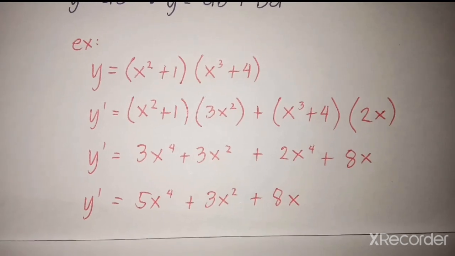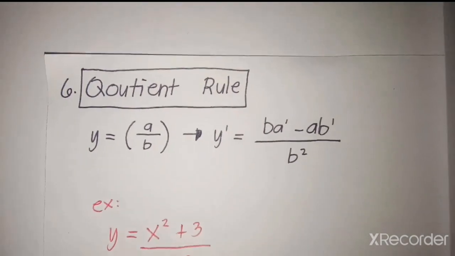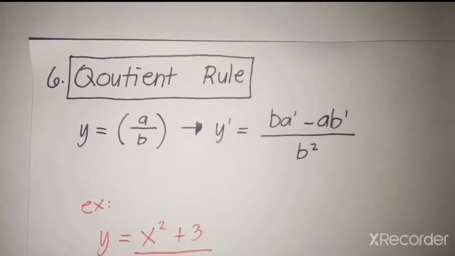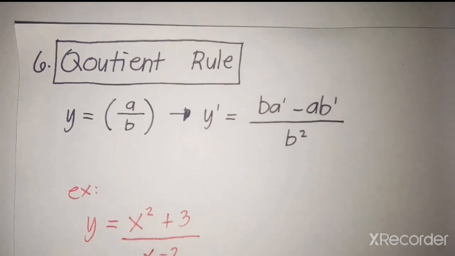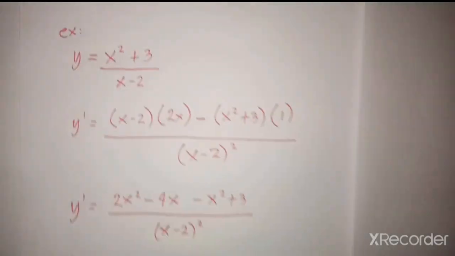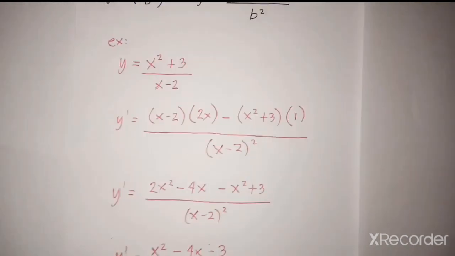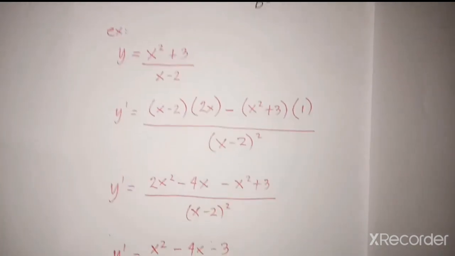And the sixth rule is the quotient rule, where y is equal to the quantity of a over b, then y prime is equal to b a prime minus a b prime over b squared. Example: y is equal to x squared plus 3 over x minus 2.